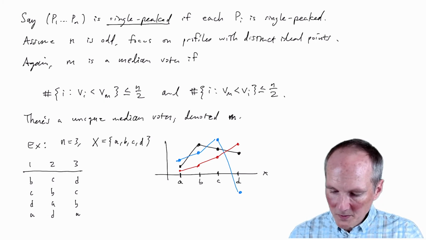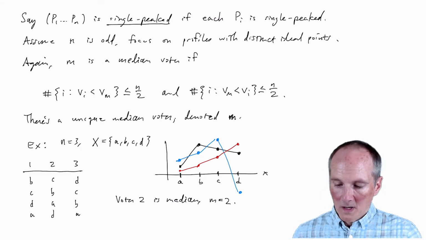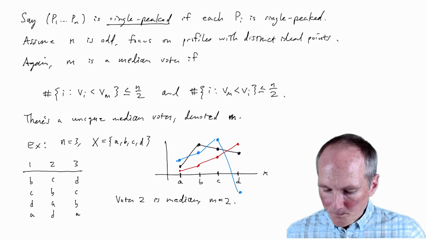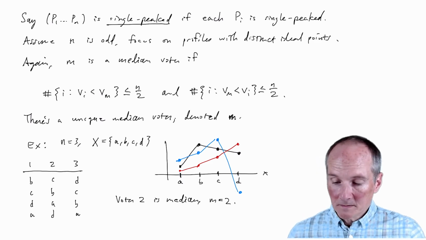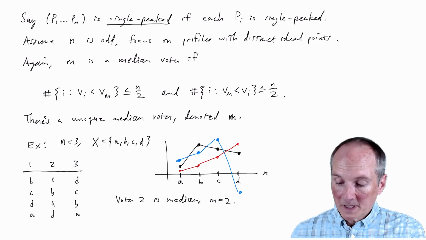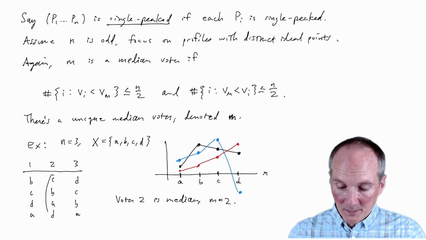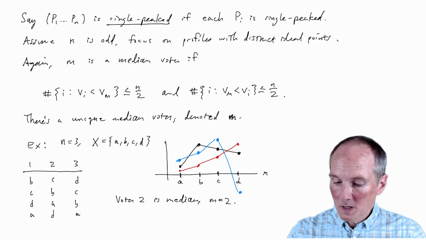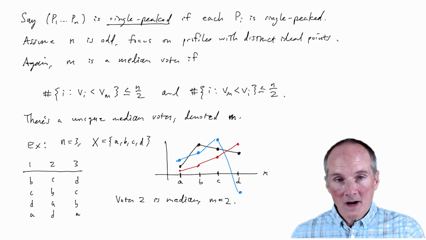All right, so in this case, M is equal to 2. With Euclidean preferences, the majority preference relation would have to be person 2's ranking, okay? But in this example, it's not.